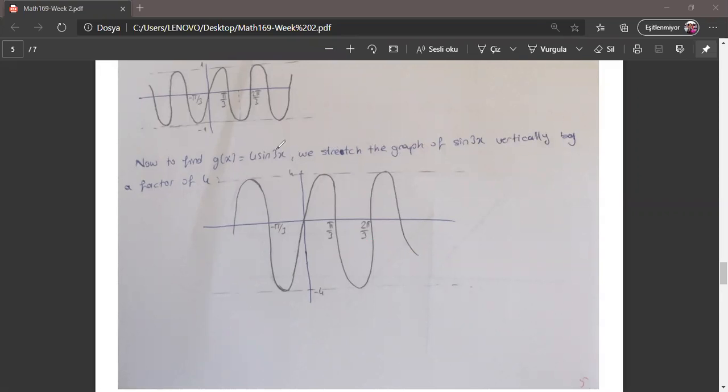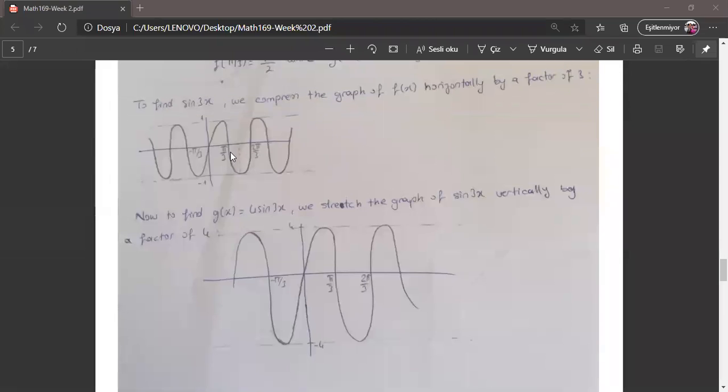Each value will be 4 times the earlier one. So we need to stretch the graph vertically by a factor of 4. Before we had this for sine 3x, now we have this graph. Remark that we have 4 and minus 4 now. There we had 1 and minus 1.